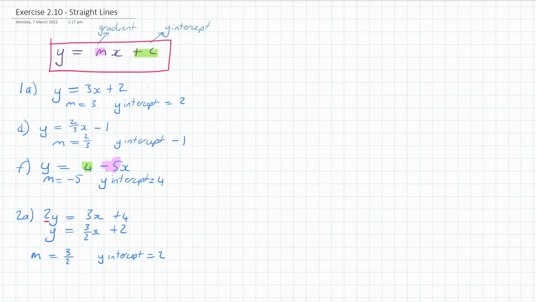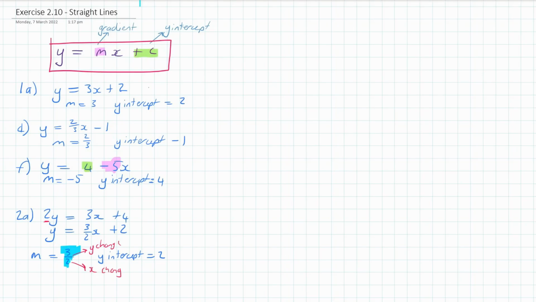Now, just as a little bit of a sidetrack at this point in time, what does this 3 over 2 mean? This here is our y change, and this is our x change.